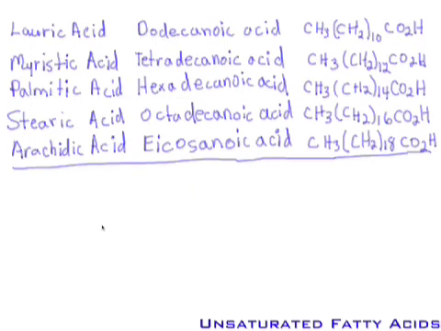Remember when you see a double bond, it is in the cis configuration. So we have CH2, 5, and then we have a CH, double bond CH. And that's in the cis configuration. We have 7 CH2s.